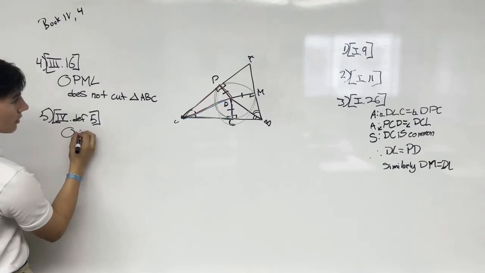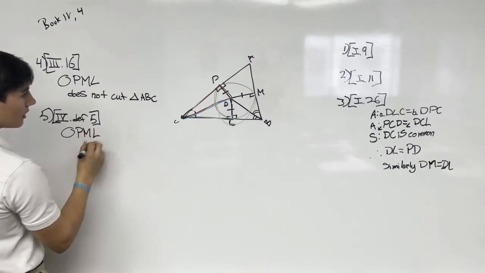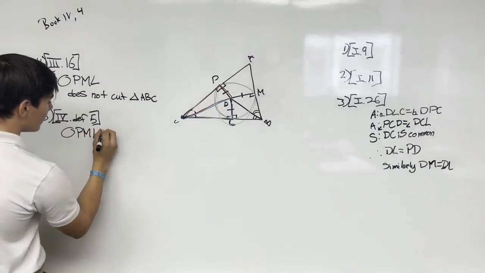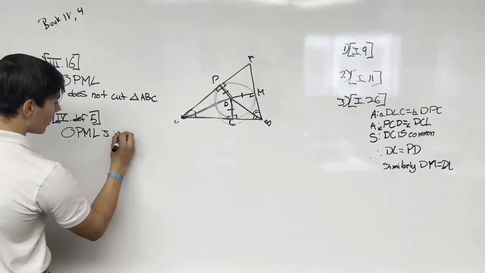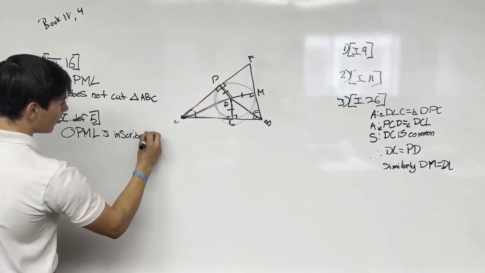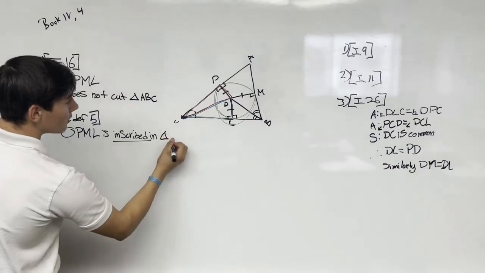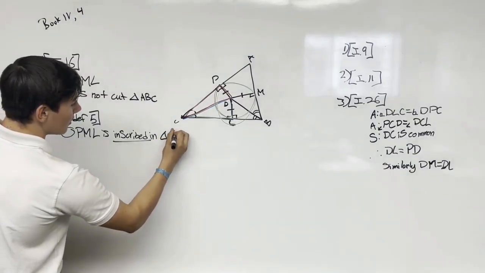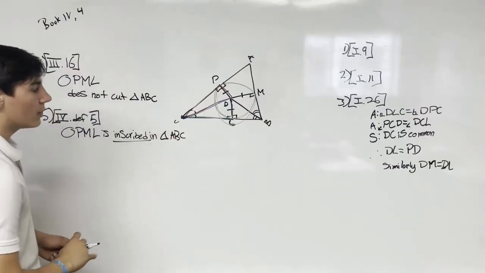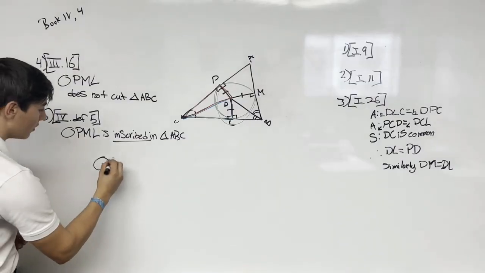So we can say that the circle PML is inscribed in the triangle ABC, which is what we were trying to do. Therefore, QED.